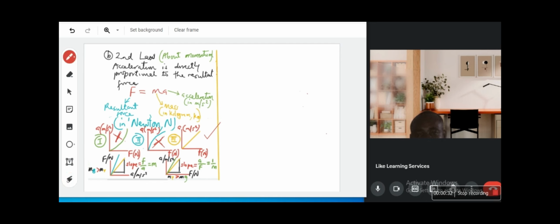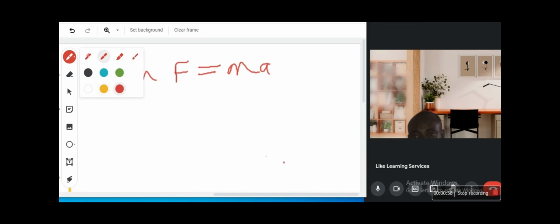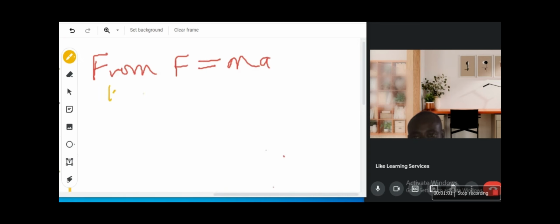So from F equal to ma, that's resultant force equal to mass times acceleration, which is the equation of the second law, we can see that when force is equal to 0, it means that acceleration has to be equal to 0.